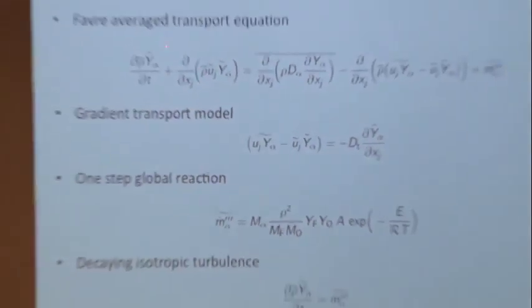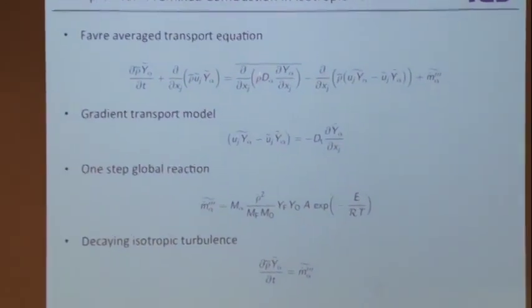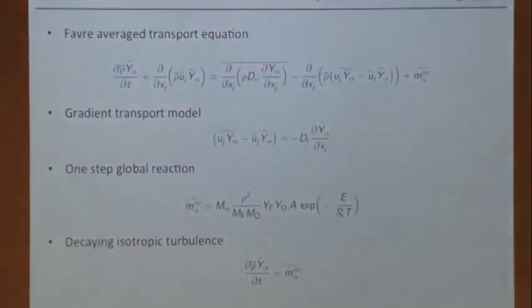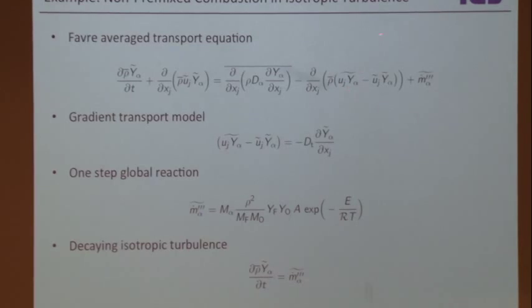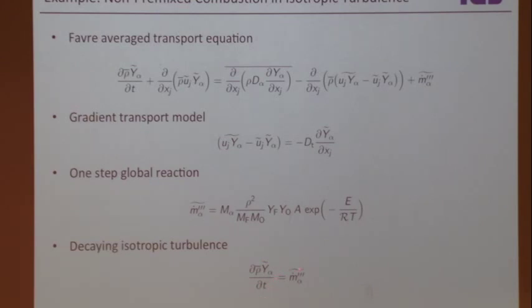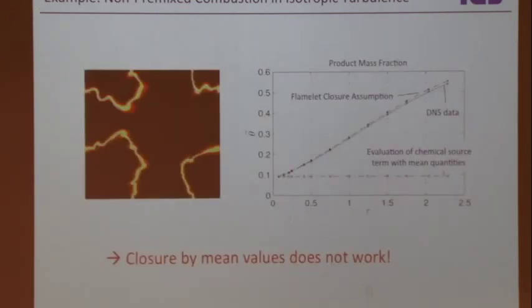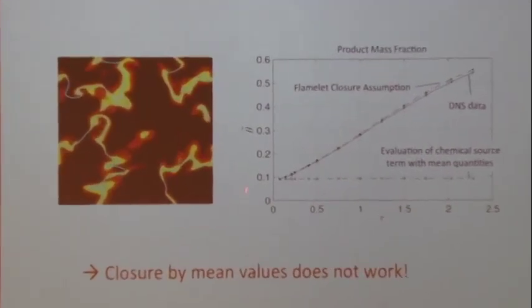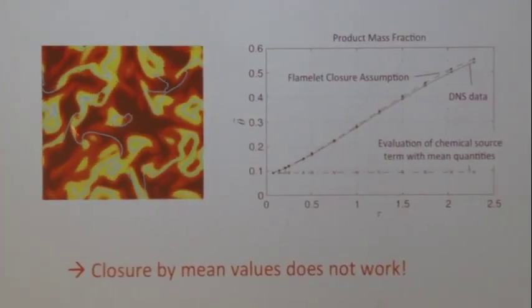So if I take a derivative of mean quantities, they should be 0. Okay? So you see these are all derivatives here of mean quantities. These are derivatives of mean quantities. These are derivatives of mean quantities. So for isotropic turbulence, all these terms are 0. And the equation is just dY/dt is equal to m dot mean. Okay? So that's good. Now we can do a DNS here for isotropic turbulence.